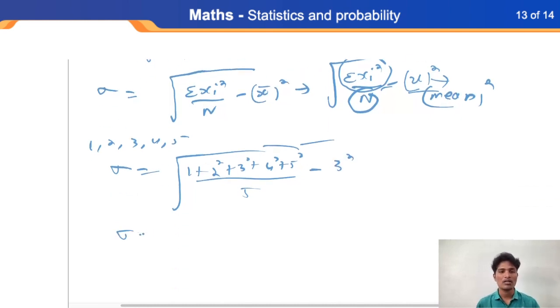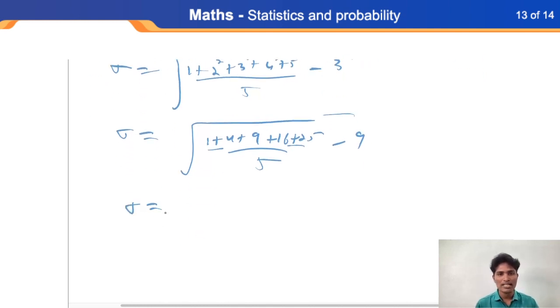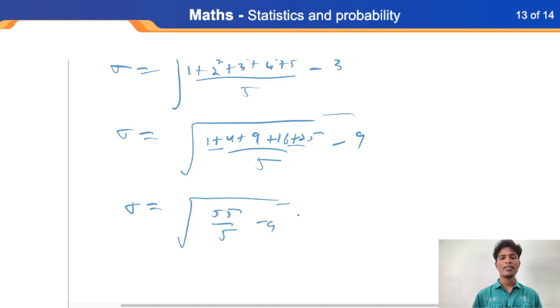So sigma is equal to root of 1 plus 4 plus 9 plus 16 plus 25 divided by 5, minus 9. The sum is 55, so 55 by 5 is 11, minus 9, which is root 2.